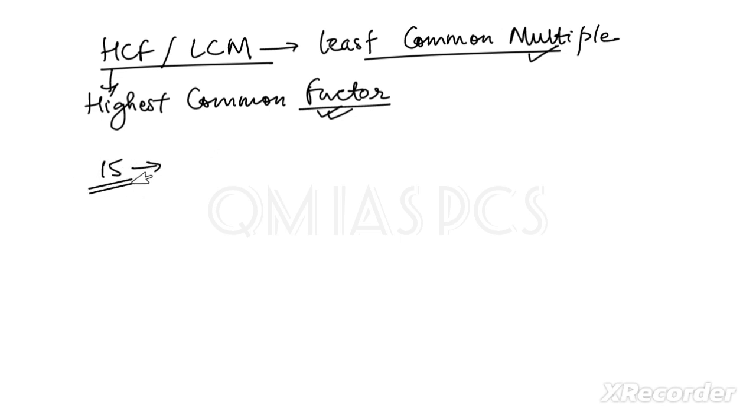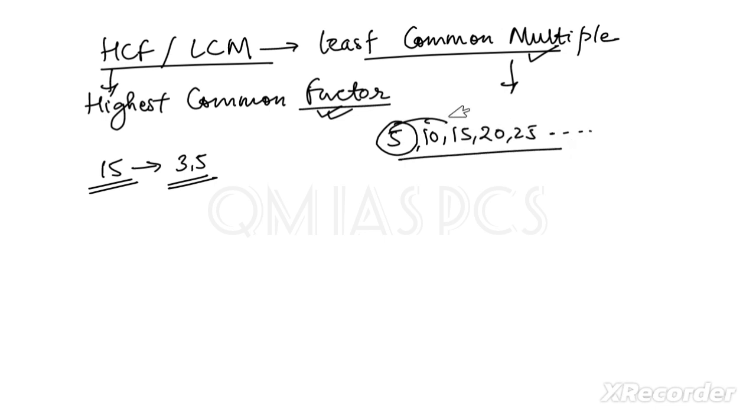Like we can do prime factorization, so 3 and 5 are factors of 15. For multiples, just read the table of whatever number is asked. Multiples of 5 means 5, 10, 15, 20, 25 and so on. These are multiples of 5. Then if multiples of 4 or 3 are asked, we can write them like that.